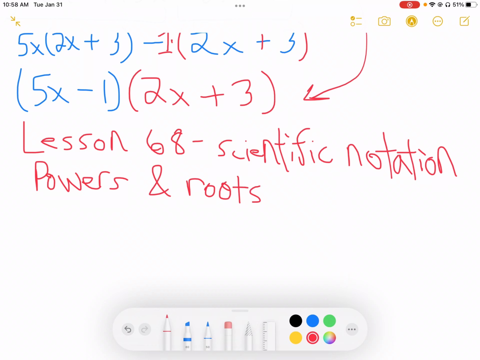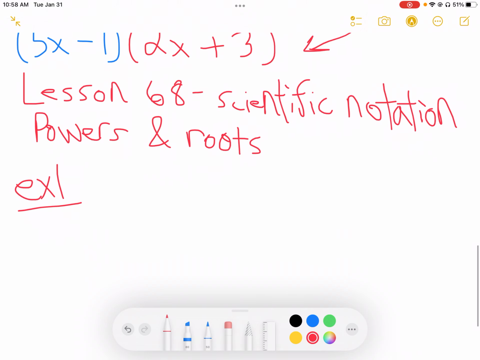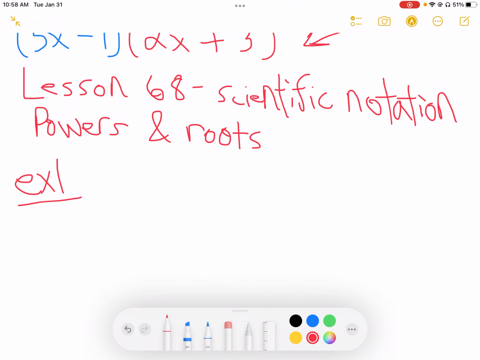So if I want to estimate something using scientific notation, I would like to use my calculator as well, but let's go ahead and just look at example 1 here. I really do want you guys to use your calculator. Make sure you can get the right answer using your calculator.